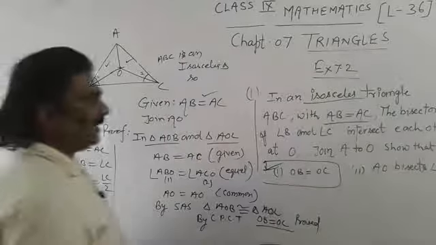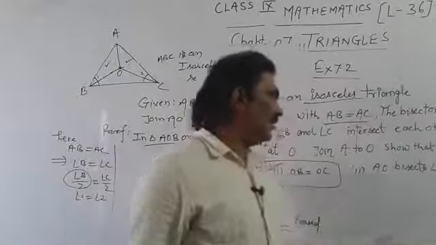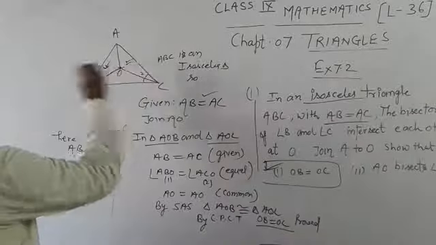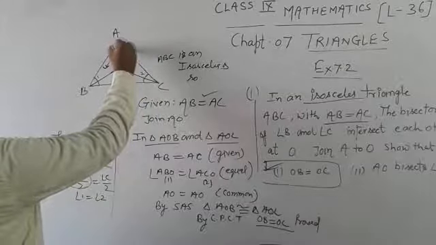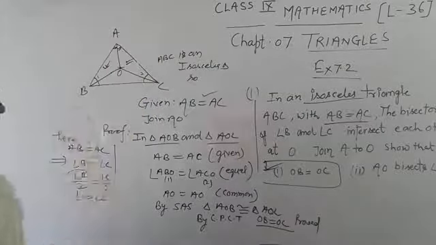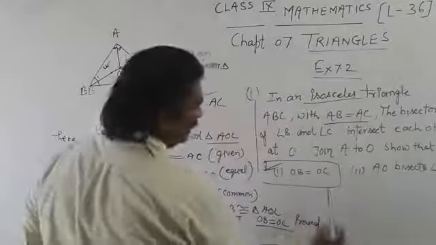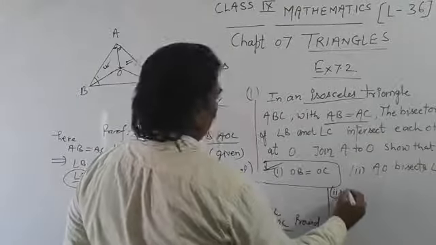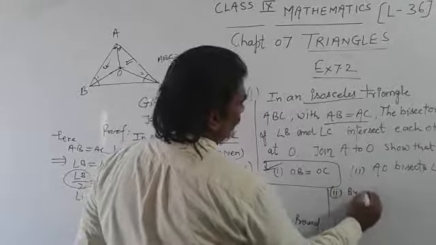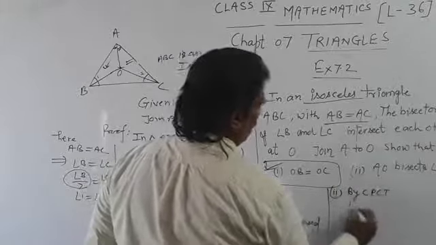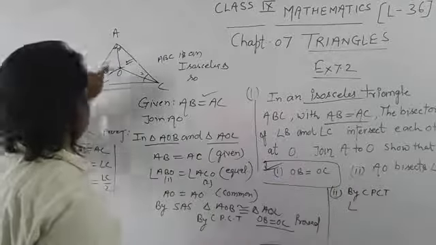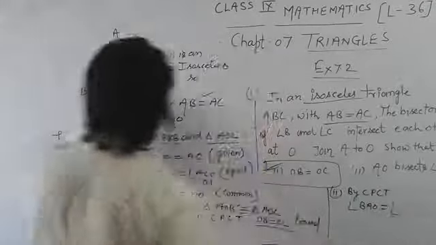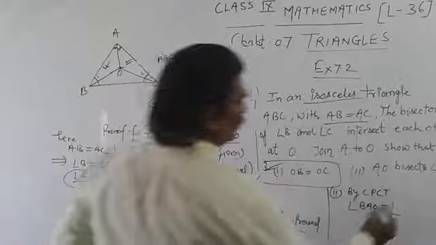Now students, we have to prove that AO bisects angle A, and you know, if these two triangles are congruent, then these angles will also be equal. And we can write here for second part, by CPCT, angle BAO is equal to angle CAO.